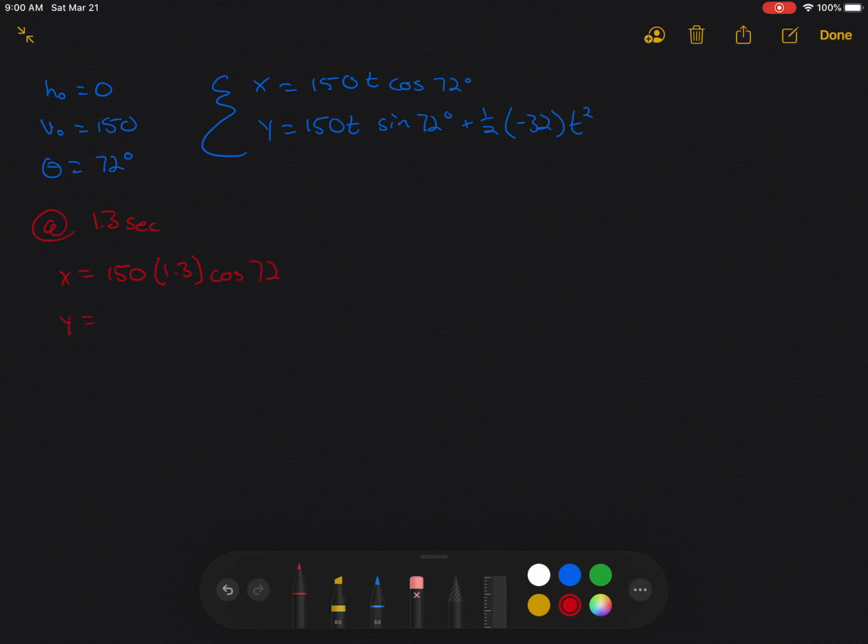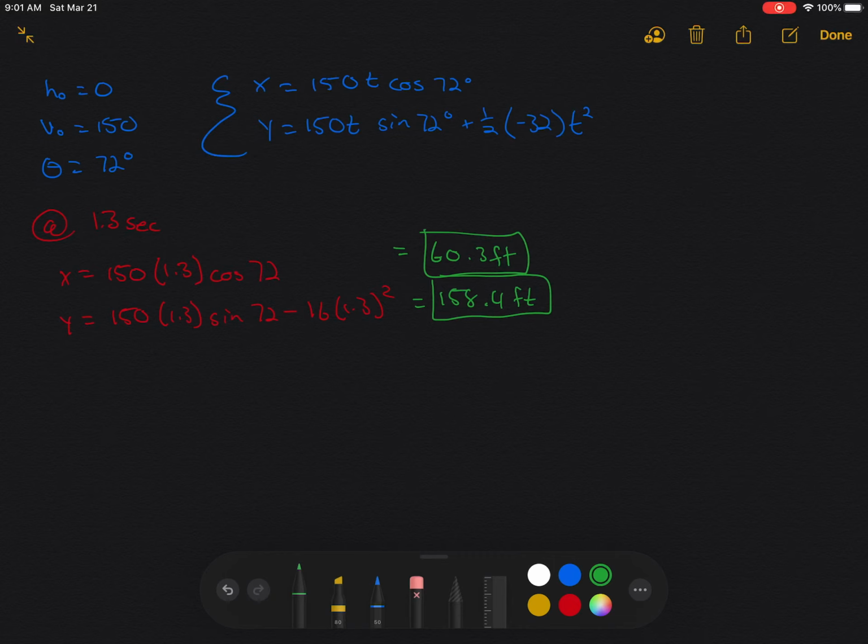We have y equals 150 times 1.3 times sine 72 minus 16 times 1.3 squared. What we get for these are 60.3 feet and 158.4 feet. So they gave us a time, and they wanted us to find where it is horizontally and vertically at that time.